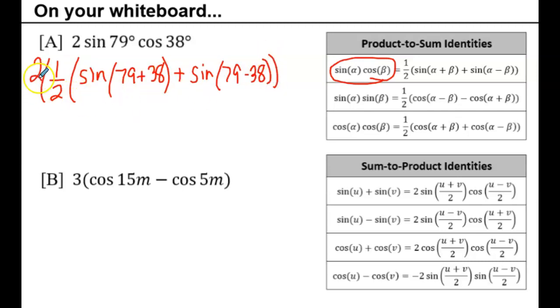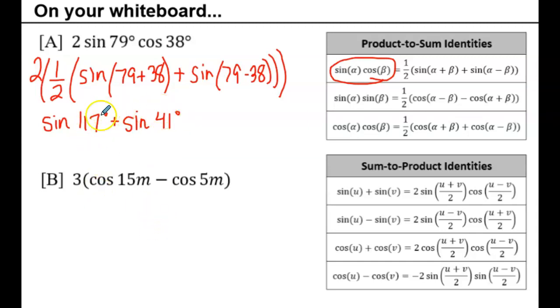Okay, then we have out front 2 times 1/2, which is 1. So those will cancel. Then the sine of 79 plus 38, which is 117 degrees, and then sine of 79 minus 38, which is 41 degrees.